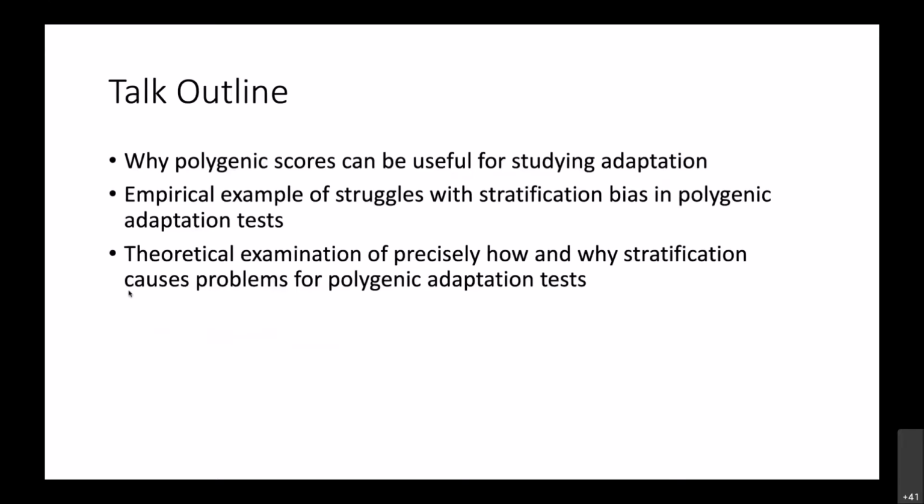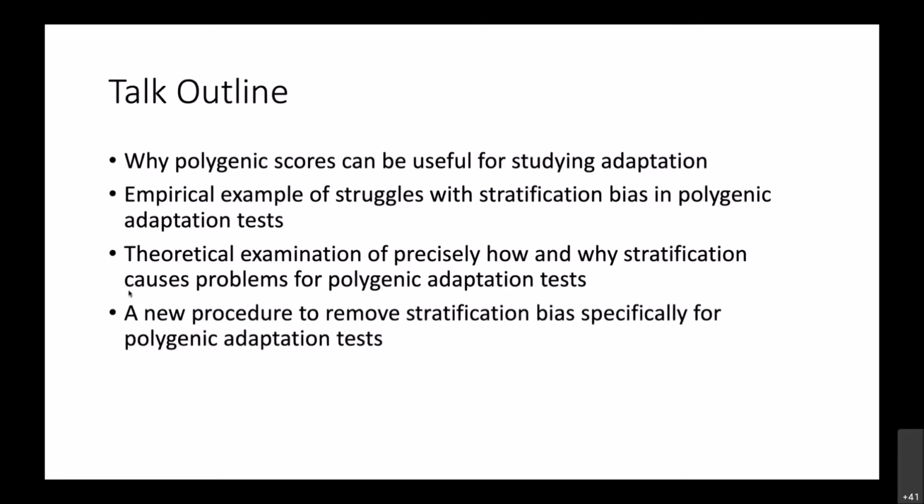Then I'll have a section of the talk that's really a block of just pure theory, examining how precisely and why this phenomenon of population stratification causes problems for polygenic adaptation tests. And then at the end, I'll present a little bit on a new procedure that we've been developing that we think can overcome the problems that we've encountered with stratification biases in these polygenic adaptation tests.